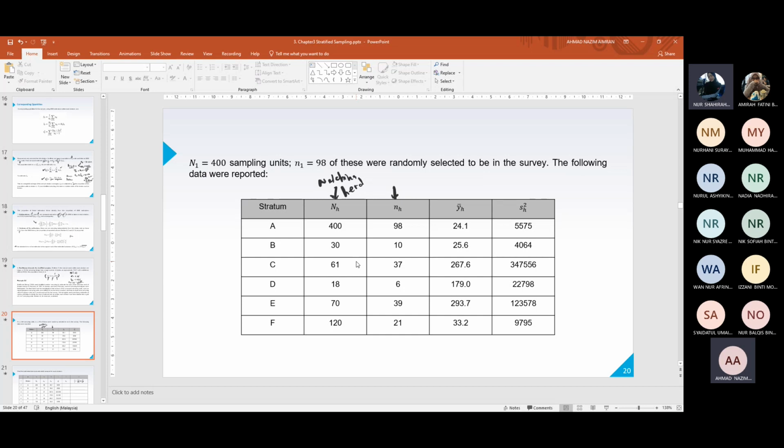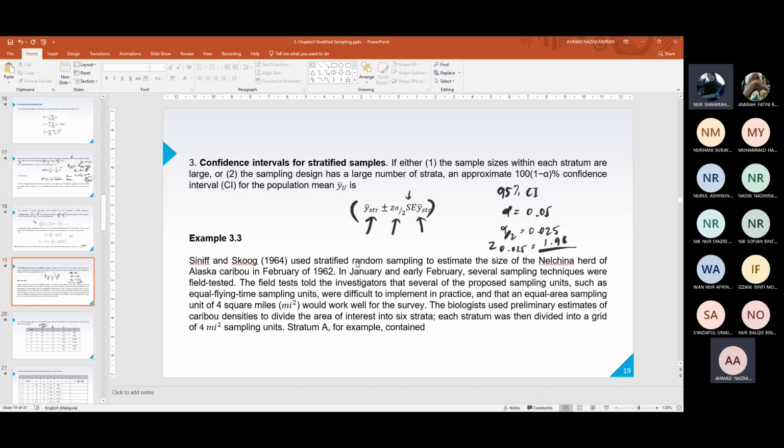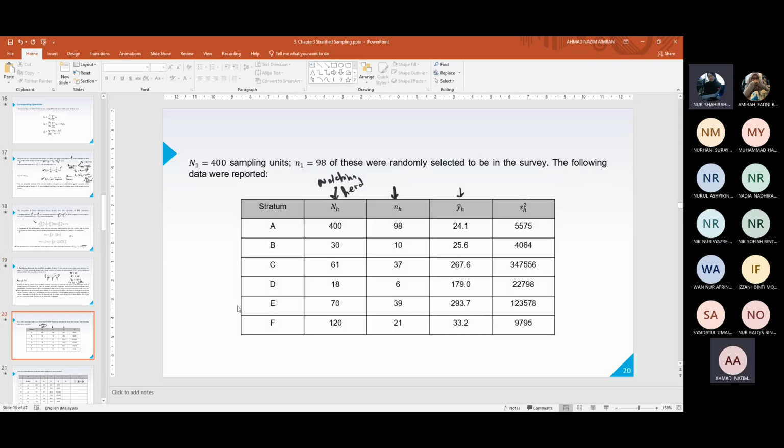In the same example, what is the y bar h here? It is the mean flying time.